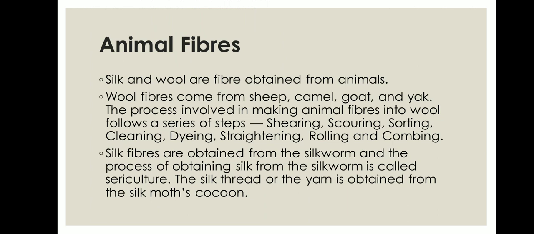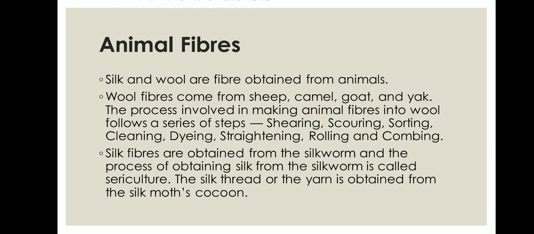Wool fibers come from sheep, camel, goat, and yak, and the process involved in making animal fibers into wool follows a series of steps like shearing, scouring, sorting, cleaning, dyeing, straightening, rolling, and combing. As for silk, the fibers are obtained from the silkworm, and the process of obtaining silk from the silkworm is called sericulture, right?